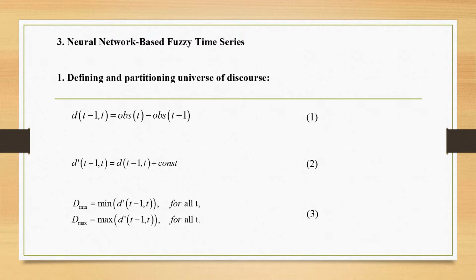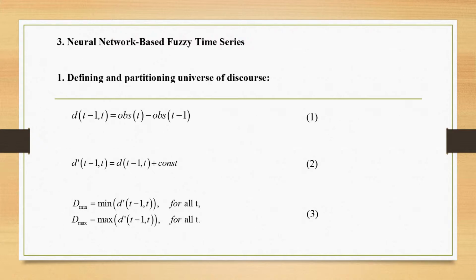This method forecasts the differences between every two consecutive observations at t and t-1 instead of using observations directly. We can see in equation 1. Here, observation t and observation t-1 are two consecutive observations.